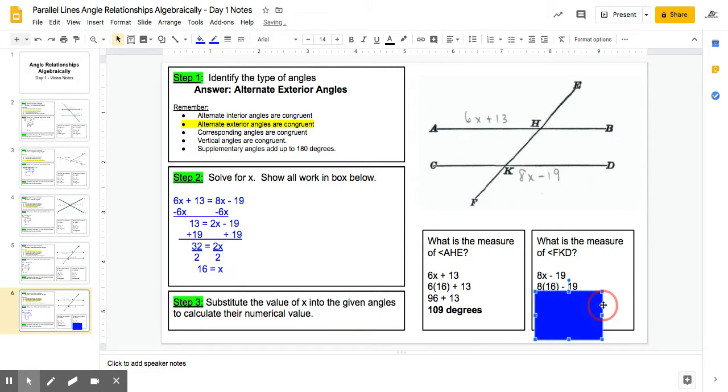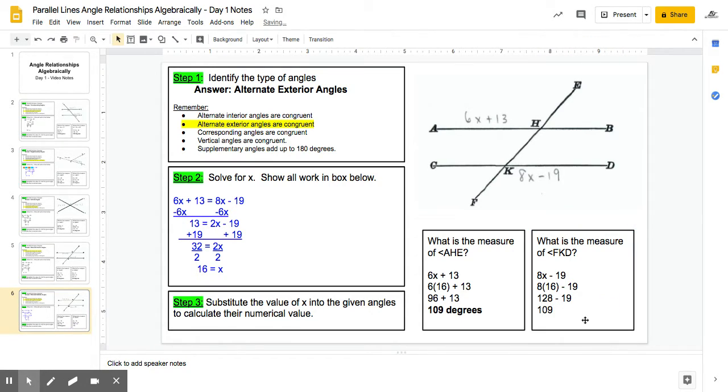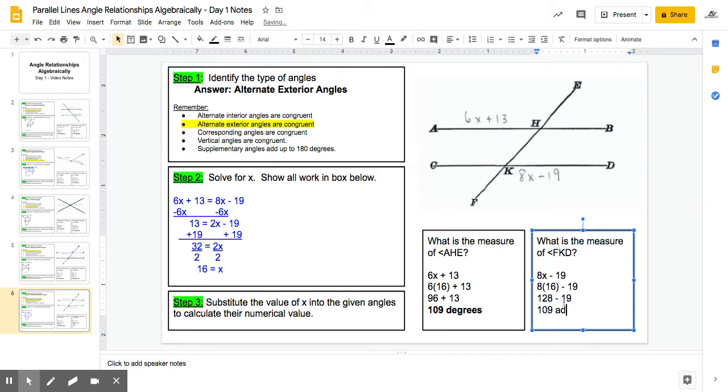So instead of typing in x again, I'm going to type in 16, and 8 times 16 gives us 128, and then 128 minus 19 gives us 109, which is exactly what we expected because we know alternate exteriors are congruent, or equal to each other.